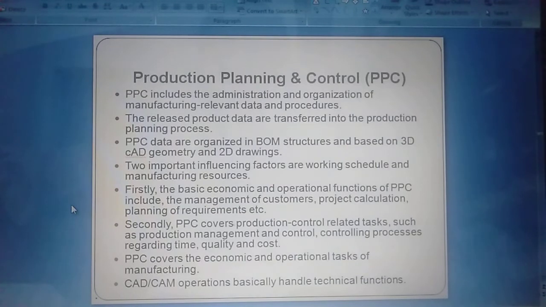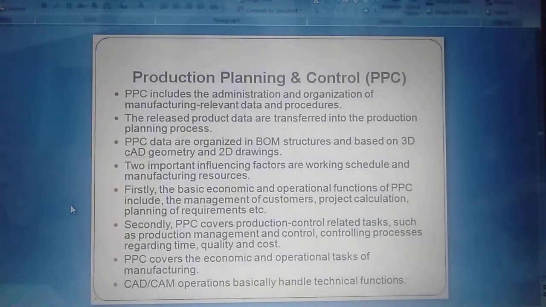The CAD/CAM operations basically handle technical functions. The working fields of CAD/CAM can also be divided into two categories. The first group includes planning processes such as product concept development, design and simulation, process planning, material logistics, and the programming of production machines and resources.